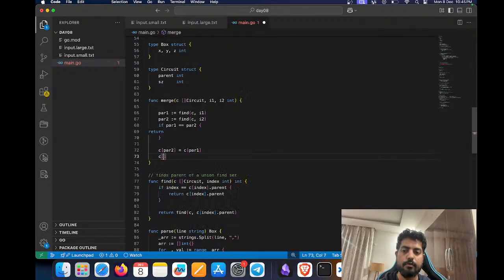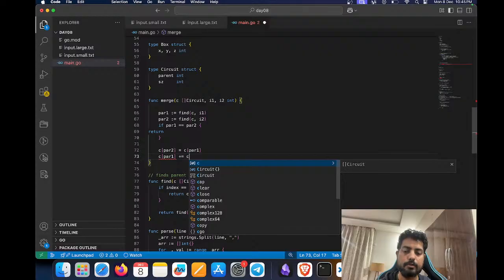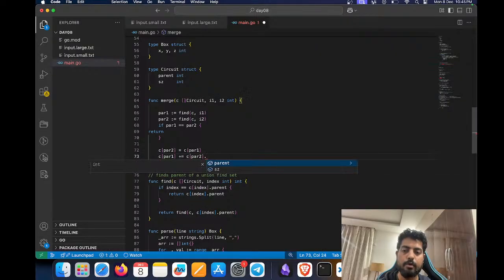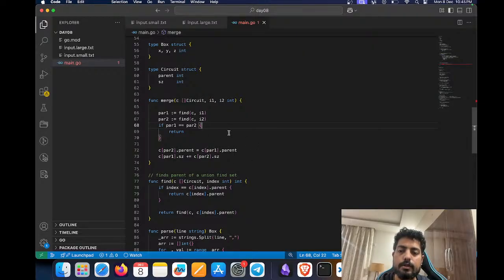So c of parent 1 plus equal to c of parent 2 dot size, and here it will be dot parent dot parent. So we are modifying the array also, which is cool. So the parent of 2 is actually the parent of 1, and the size of the first circuit increases.